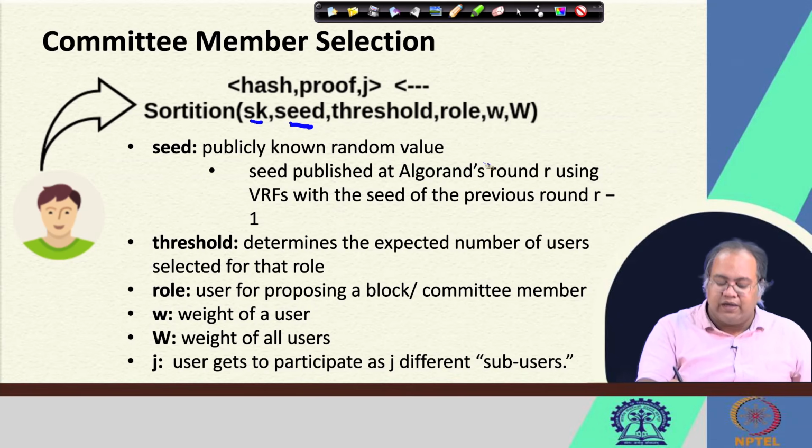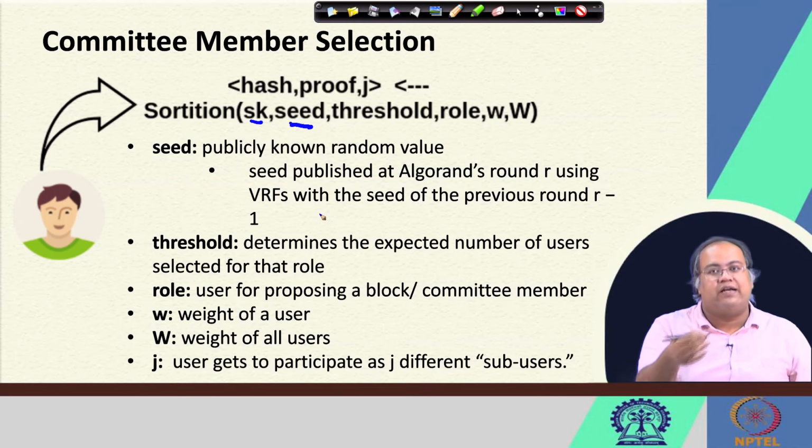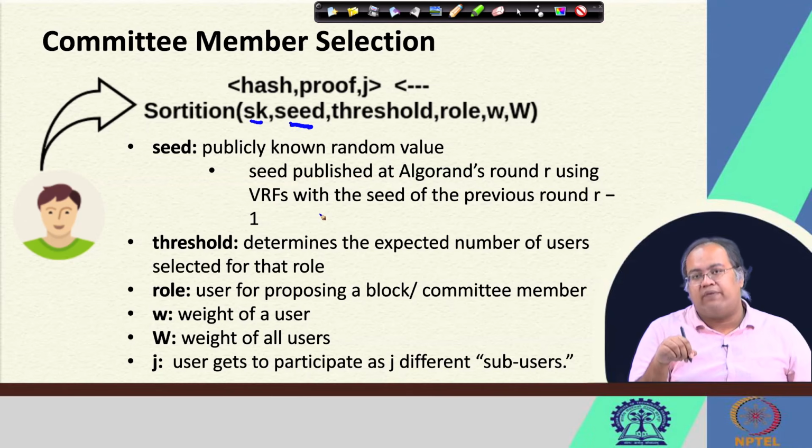So, this seed is also generated using a verifiable random function, a random number that is verifiable. Then I have a threshold. The threshold determines the expected number of users selected for that role. For example, if I decide that only one user is going to be selected through this verifiable random function, then my threshold is 1.